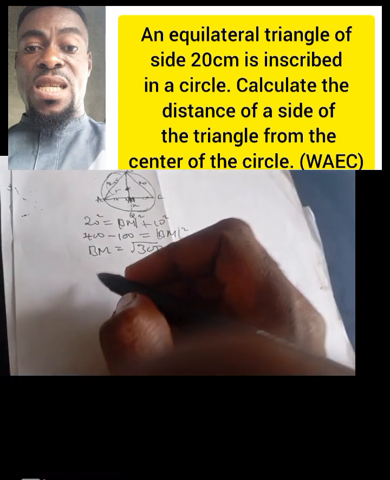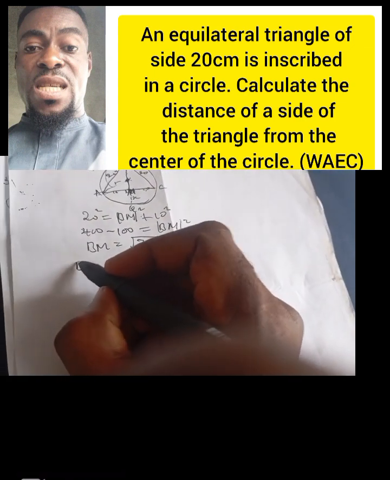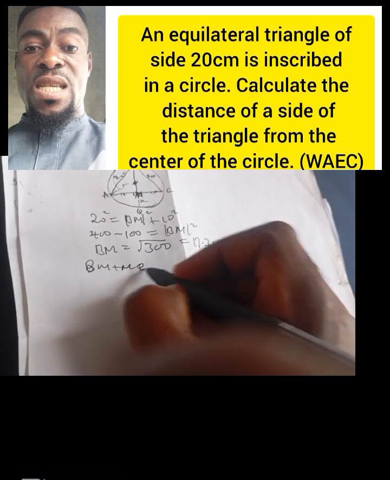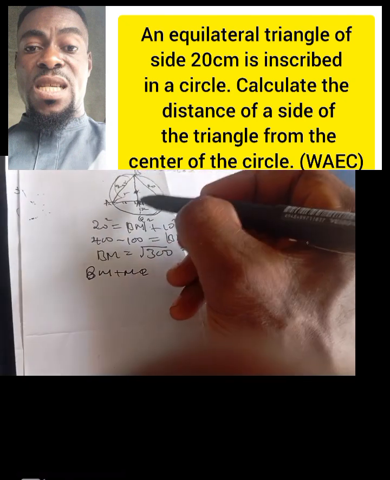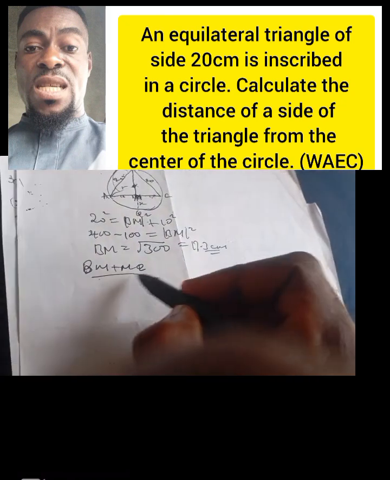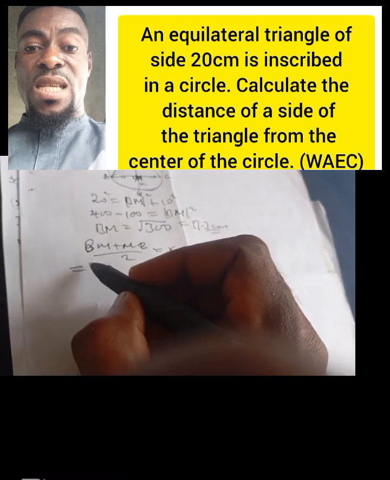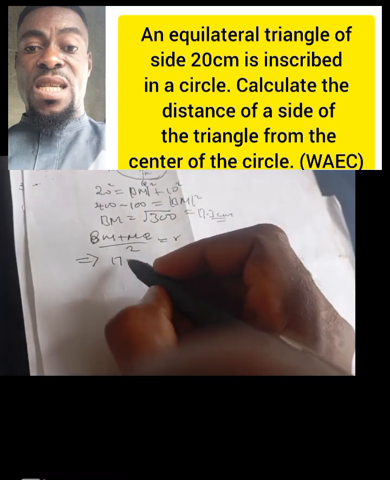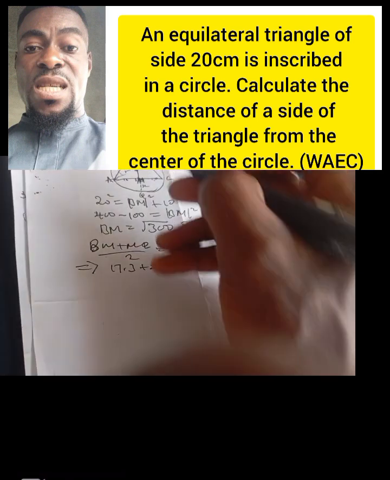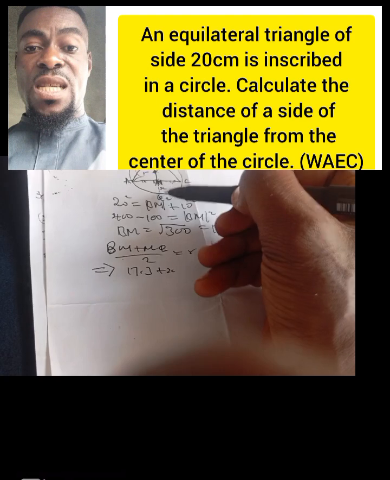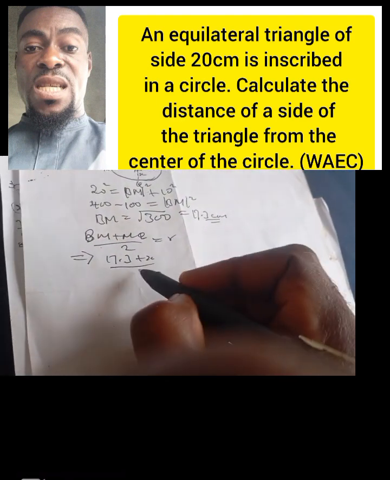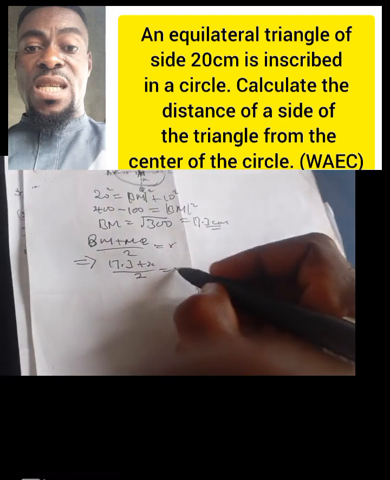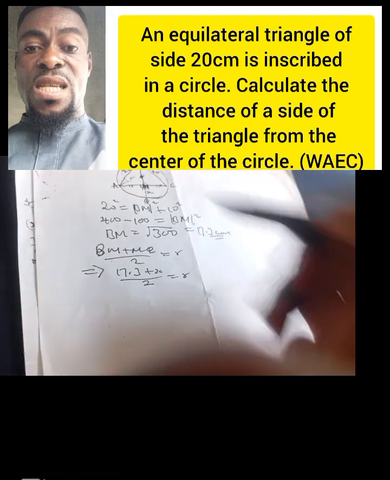So what we just need is, we will note that BM plus MQ divided by 2 is equal to R. This simply means that BM, which is 17.3, plus X, then divide by 2. BM plus X is the diameter. Diameter divided by 2 will give us the radius, which is this radius, or from here to this point.